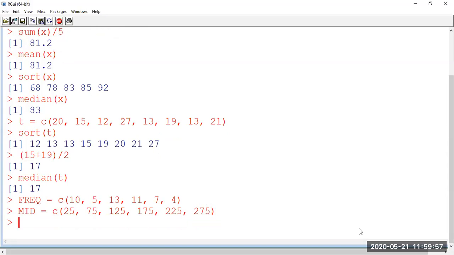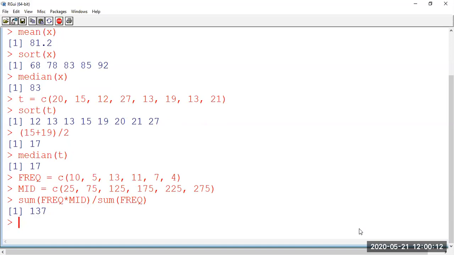Check my computation, I can make mistakes. Then I'm going to enter the formula. We're going to sum the product of frequencies and midpoints, and we're going to divide that by the sum of the frequencies.